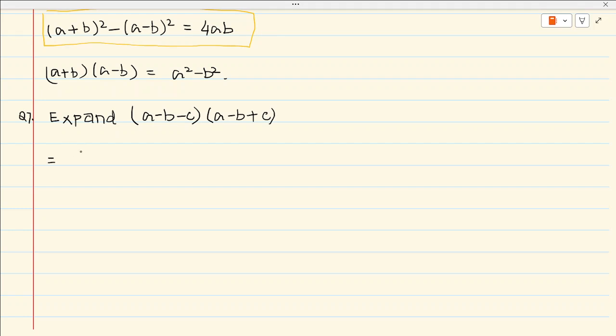What will you do? See the question carefully, and please kindly note that we can put this bracket inside this small bracket. We can put the given expression like this.